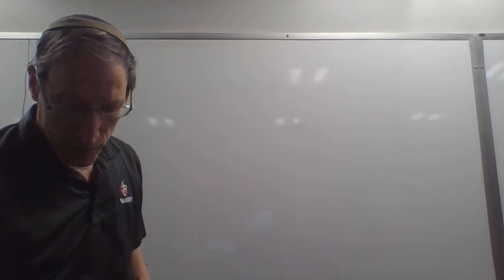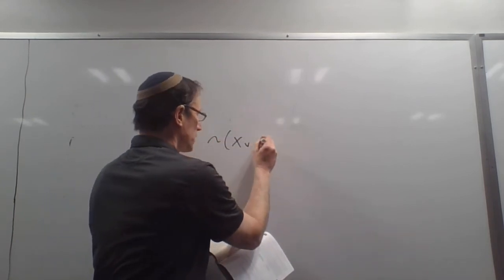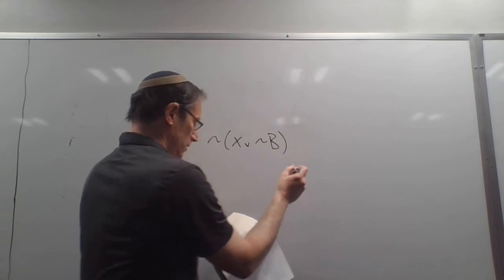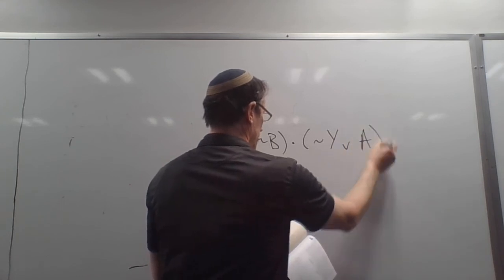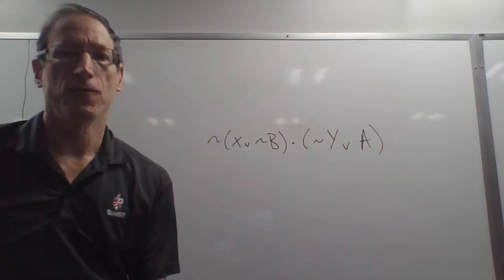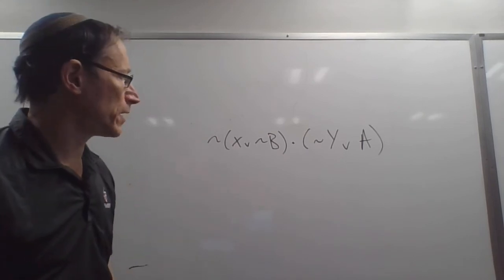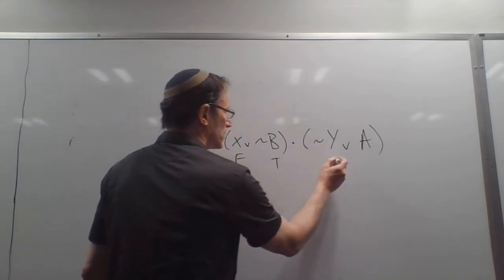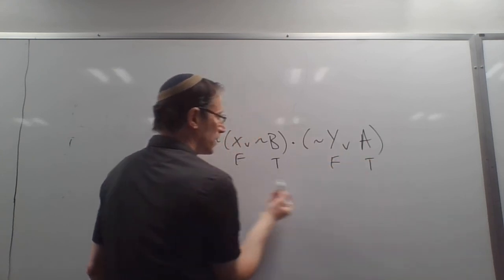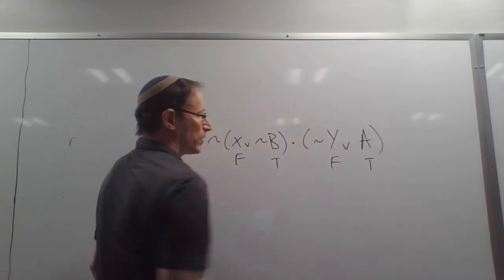And number 14 is: not X wedge not B, dot, not Y wedge A. Okay, now remember I'm given X is false, B is true, Y is false. Now notice how I'm again listing the value right underneath the component.